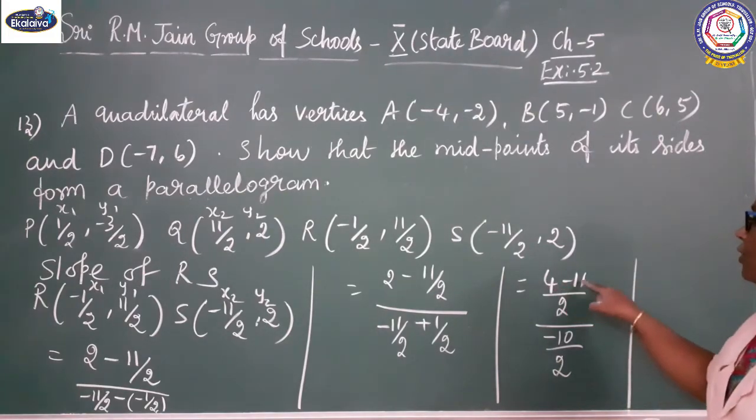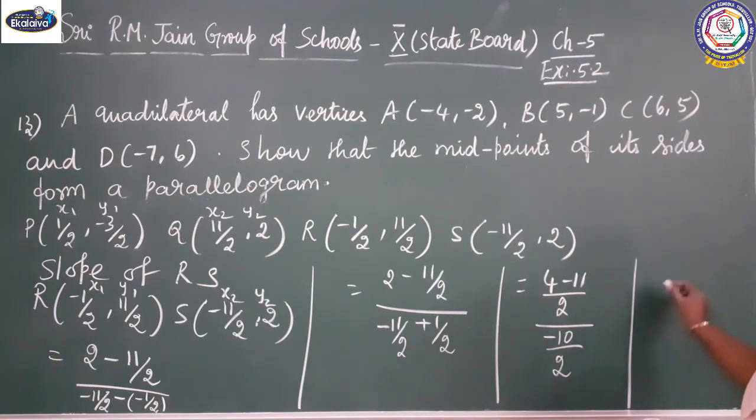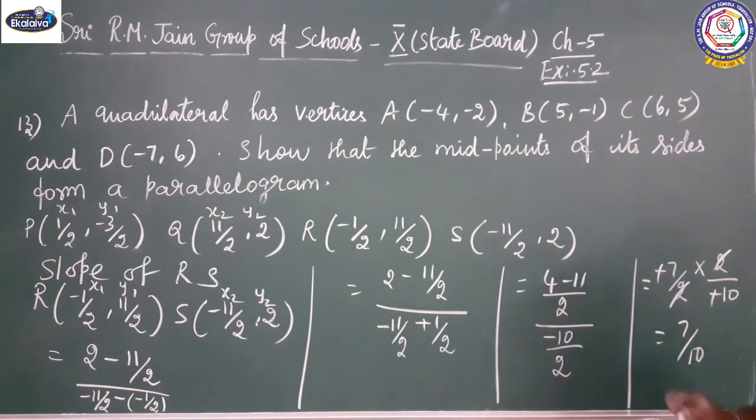So 4 minus 11, minus 7 by 2, reciprocal that value 2 by minus 10. The 2 gets cancelled, minus minus gets cancelled. What is the value of RS? RS value is nothing but what? 7 by 10. Slope of RS is 7 by 10.